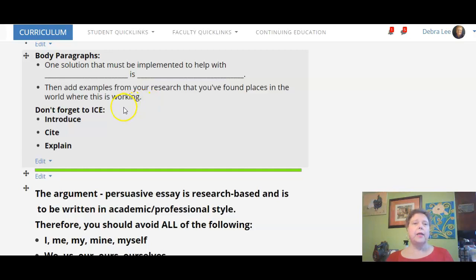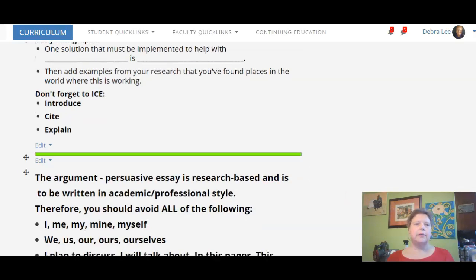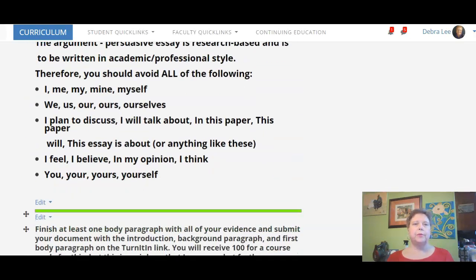So as you're putting in your evidence and your background, don't forget to ICE those examples. In other words, introduce it, cite it properly, and then you're not finished by just giving the information. Explain how this is going to work so well to take care of the problem or to help alleviate the problem. So your explanation is very important to the paper.